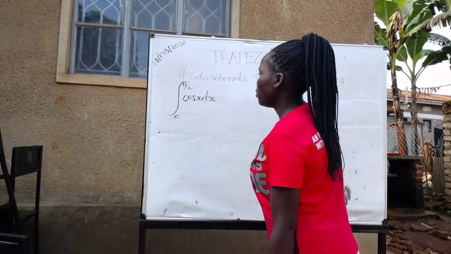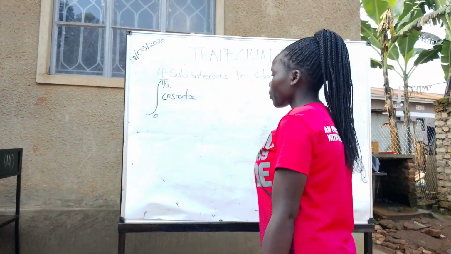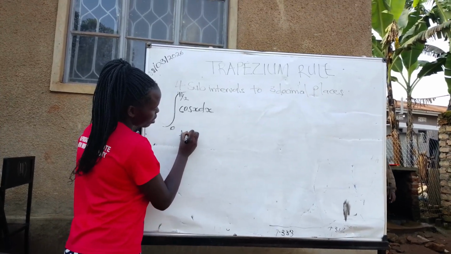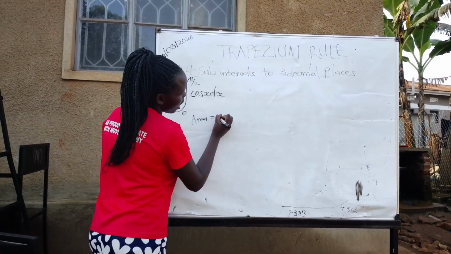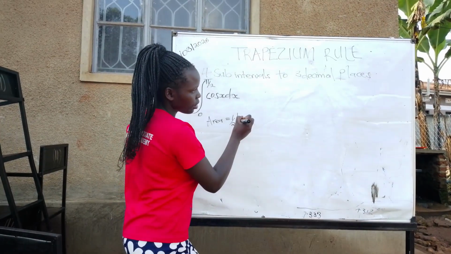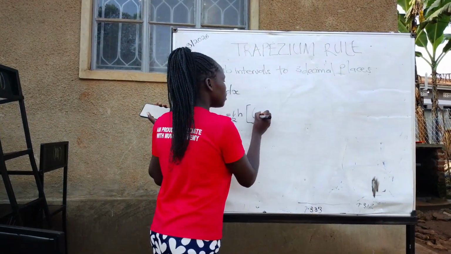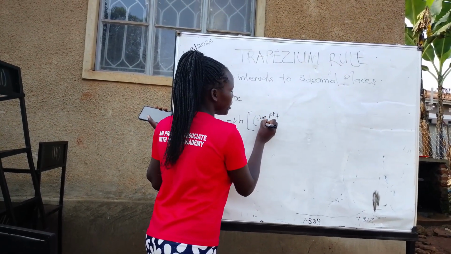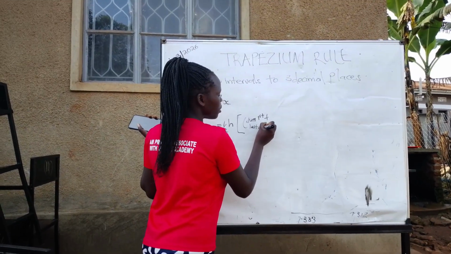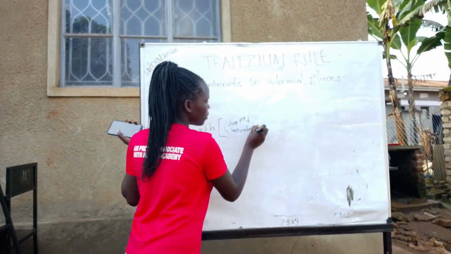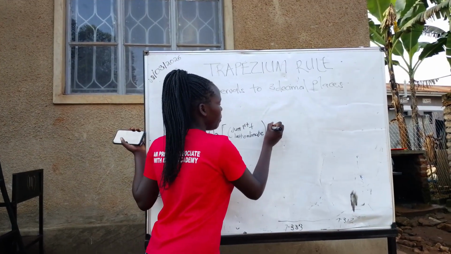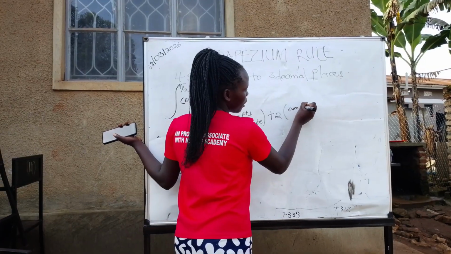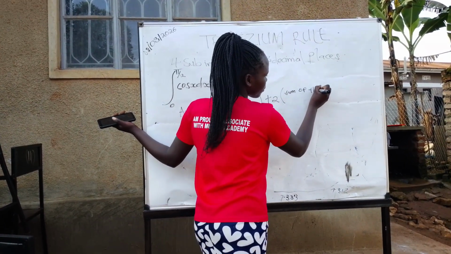Again, we are going to use our formula, which is area equals a half height times the sum of the first plus last ordinate, plus 2 times the sum of the remaining ordinates.